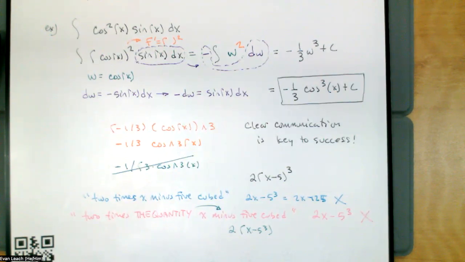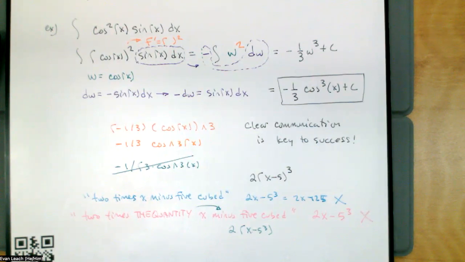The difference specifies that we're subtracting, and it's an improvement on the expression, the quantity. And the order that I said those things is important, because this first one says 2 times the quantity x minus 5 cubed. So if we use the rule, if the quantity applies to the next operation, it's not 2 times the difference, it's 2 times the cube. We got to make sure that we get that in the order.